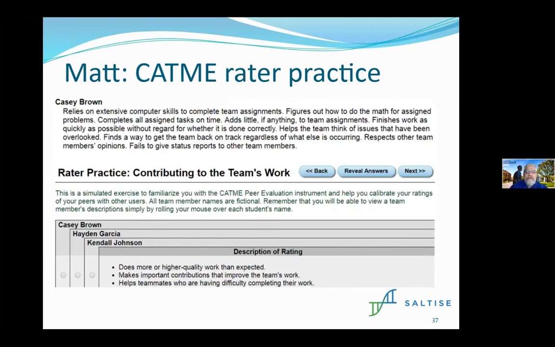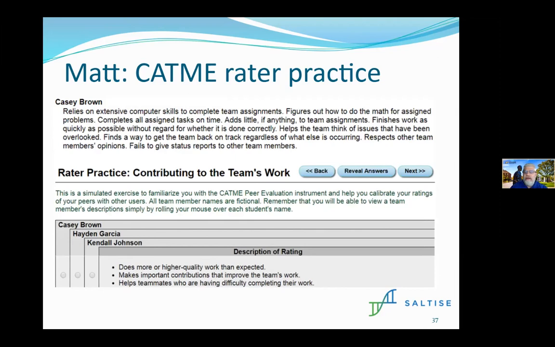So there are a number of features of the system that are designed to make it better, both for students and for instructors. On the student side, their ability to rate well improves through doing practice and feedback where the social pressure is absent. So they're given scenarios where an individual student's behavior is described, and then they rate that student based on that descriptive behavior.